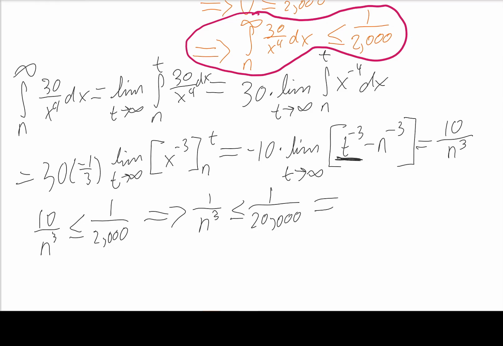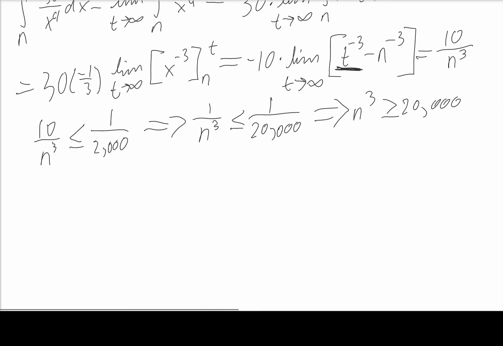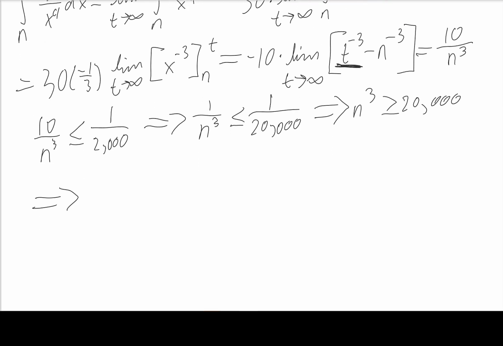So this means that we want n cubed to be greater than or equal to 20,000. Which means that we want n to be greater than or equal to the cube root of 20,000.